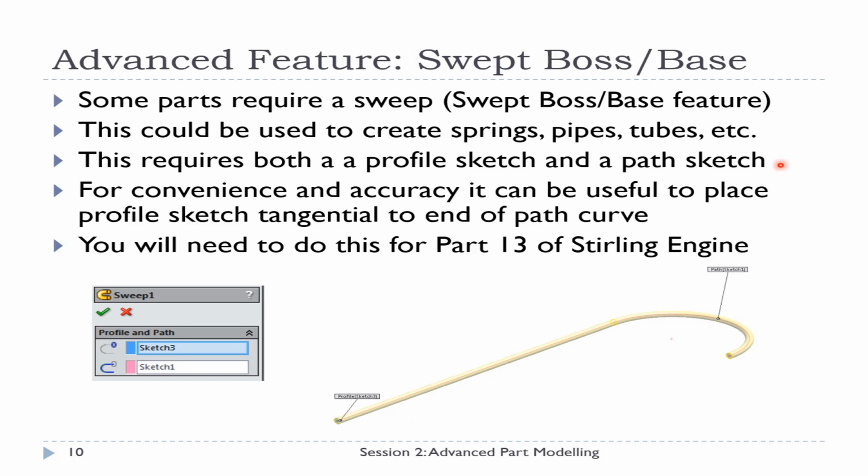Effectively, a sweep feature requires a profile sketch and a path sketch. In this case, the profile sketch is a circle, and the path sketch is a linear line and an arc. You would need to use the sweep feature when you are making part 13 of your Stirling engine.